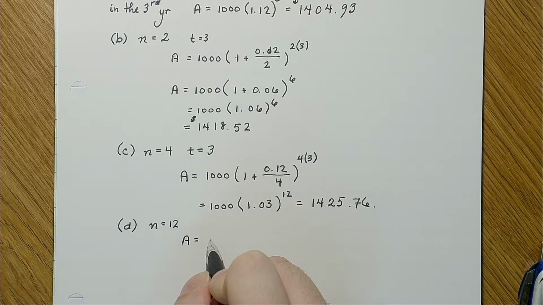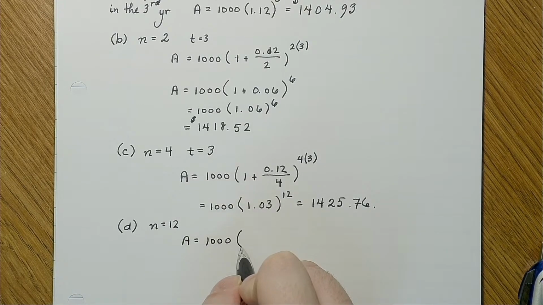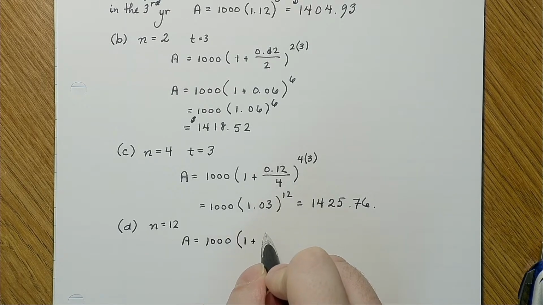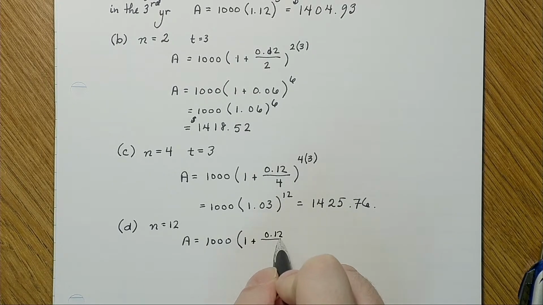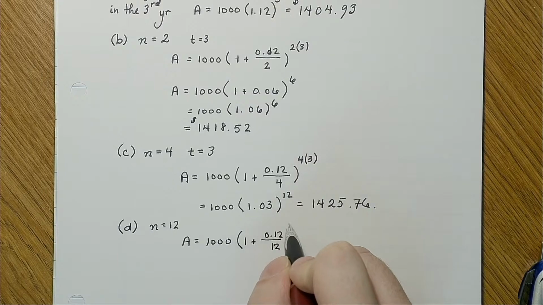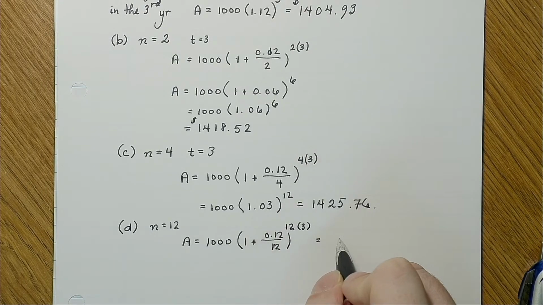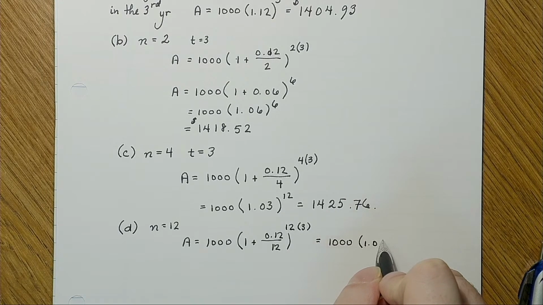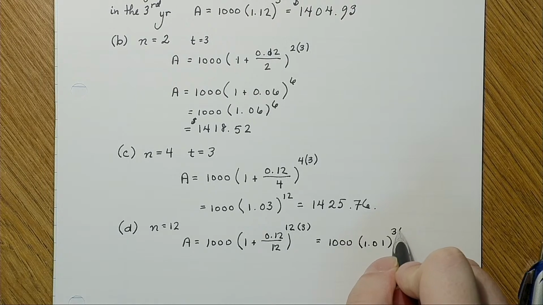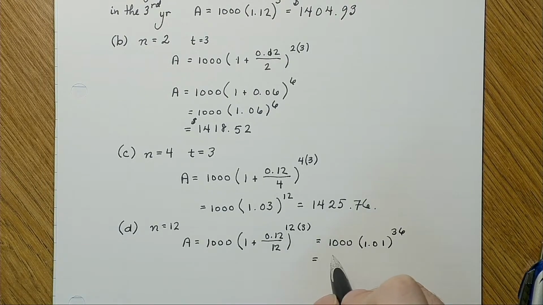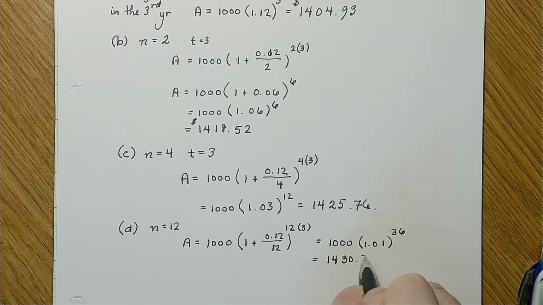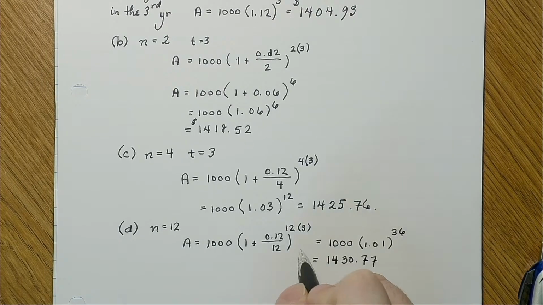So I would have 1,000 times 1 plus 0.12 divided by 12, to the power 12 times 3 years. That would be 36 periods. Same idea, so it should be 1,430.77.